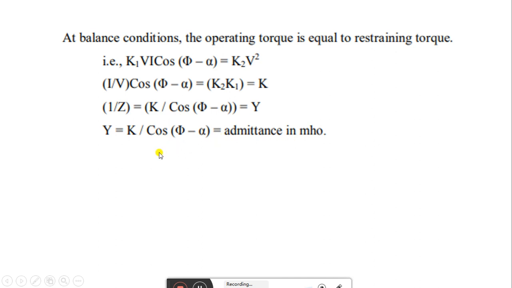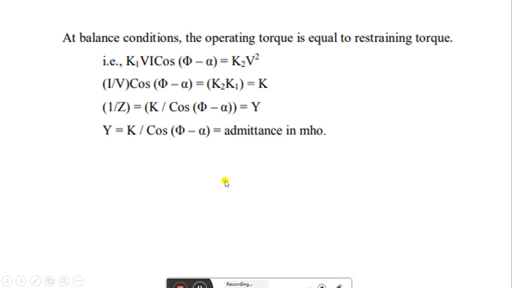So as in the case of the reactance relay, we have evaluated the value of X. Similarly, in the case of the admittance relay, we have evaluated the value of Y, because it is an admittance relay. So for this value of Y, the relay characteristic shows that if the value of Y lies within the circle, then the relay will operate, otherwise the relay will not operate.